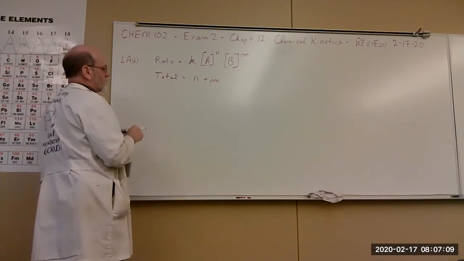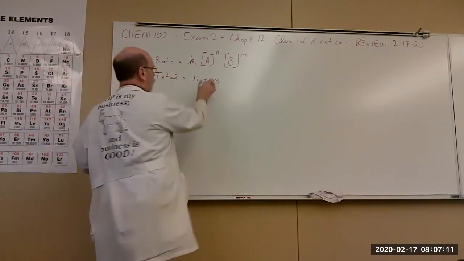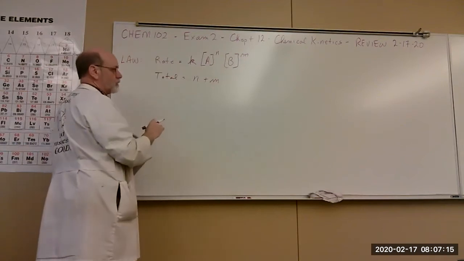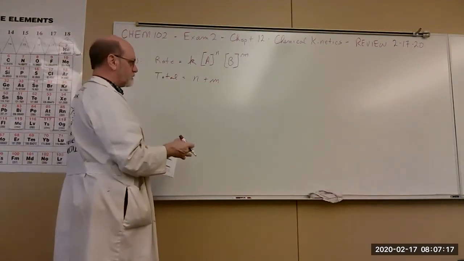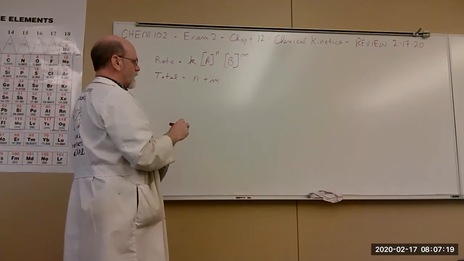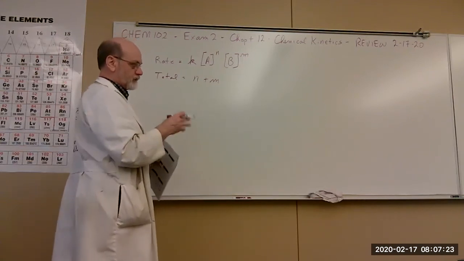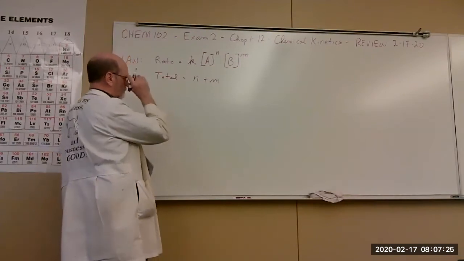Now, if we're dealing with just one reactant, say, and we want to characterize that reaction, we have three choices that we've studied so far: zero order, first order, second order.